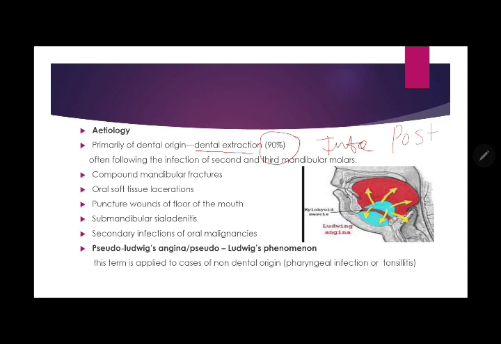It is generally of dental origin, following the infection of the second and third mandibular molars, in 70 to 80% of cases. The roots of these teeth often spread below the crest of the mylohyoid muscle, leading to a periapical infection that reaches the mylohyoid muscle.